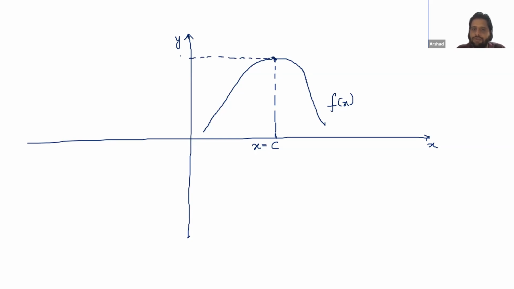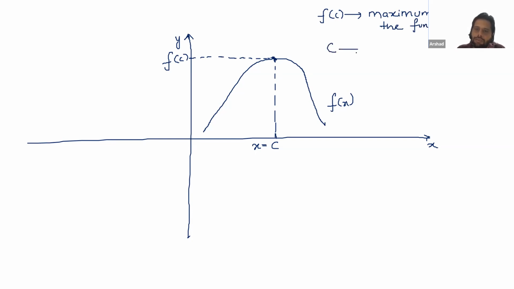And what is this value? This is f(c). So f(c) is the maximum value of the function.